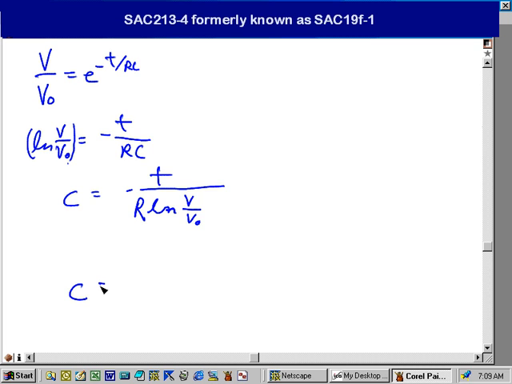Okay, and C is minus 240 seconds divided by 520 ohms times the natural log of 12 volts divided by, I'm sorry, it's 9 volts is the final voltage.